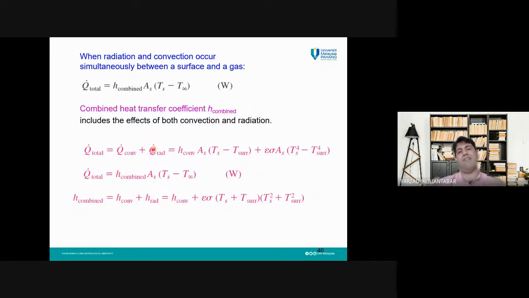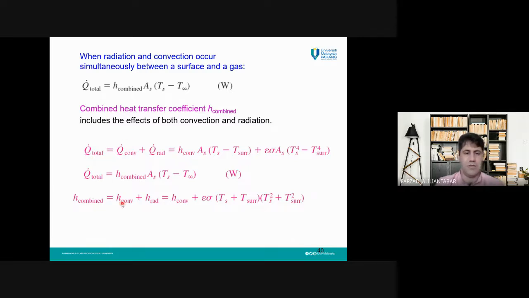Here, because we have radiation, so we need to redefine H. And we call that combined heat transfer coefficient, or H combined, which actually includes the heat transfer due to the radiation as well. So this H combined should have some kind of the radiation phenomenon in its calculation.